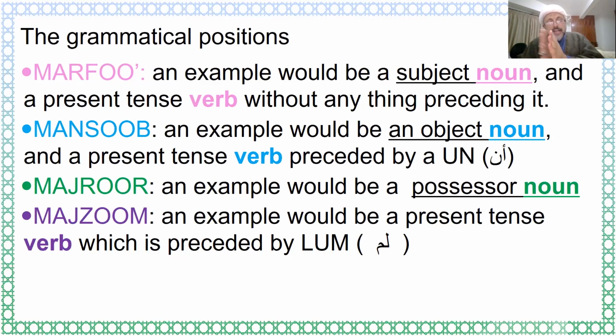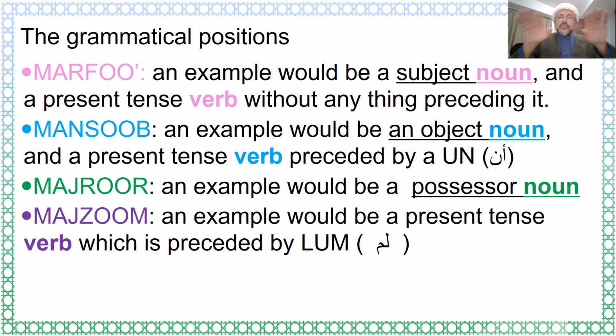So when you have O sound and it is subject, the grammatical position of it is called marfu'. Marfu', okay? An example would be a subject noun or a present tense verb. I'll leave this until after you understand the noun, then I'll tell you what the present tense is here.